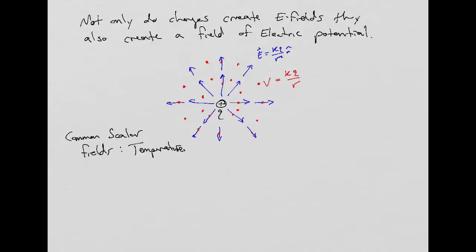But that just means you have a uniform scalar field. It's constant everywhere. So if you thought of that as electric potential, then the potential at every spot in your room would be the same. It's not the case with point charges, right? The electric potential when you're close in is higher than the electric potential when you're further away.